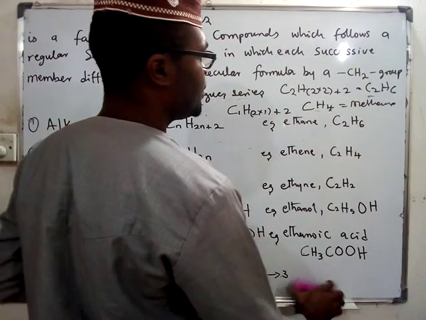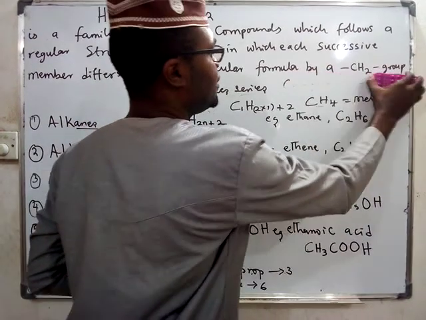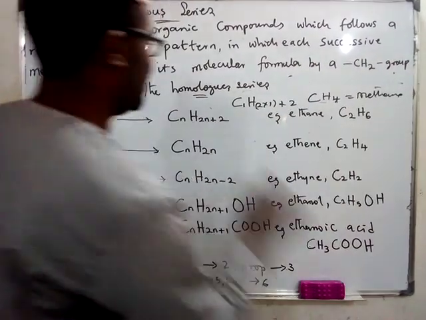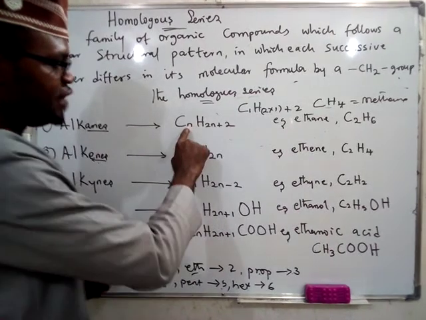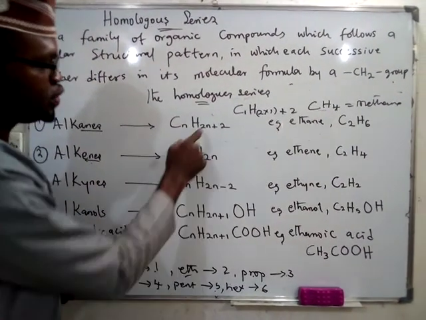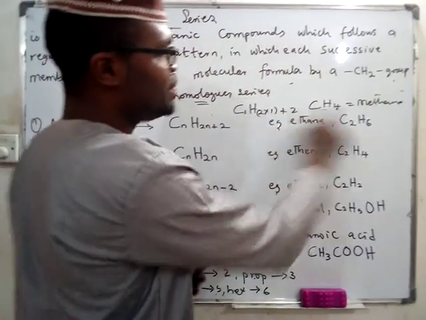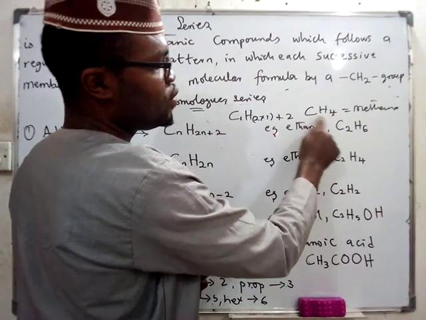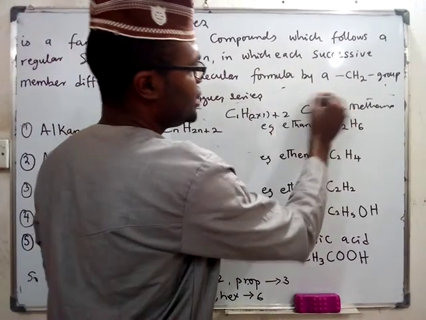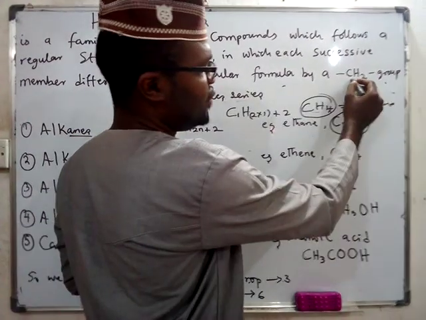So we actually use the formula, and we are just replacing N: for methane, we put 1 in place of N, for ethane, we put 2, for propane, we put 3. Who can tell me the difference between methane and ethane? It is just the addition of this.